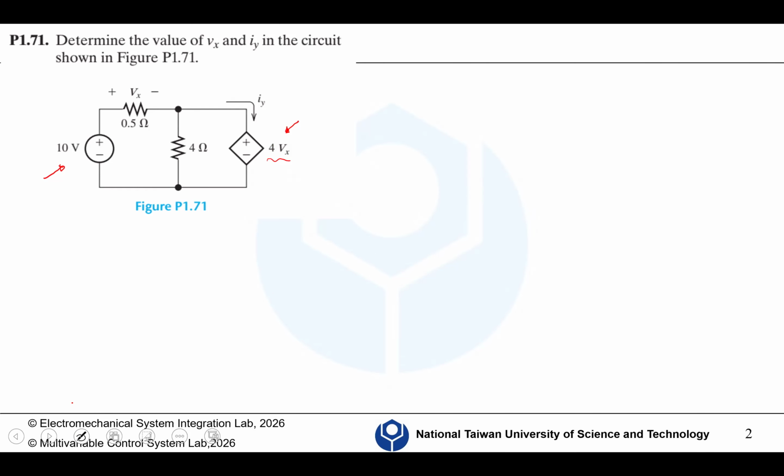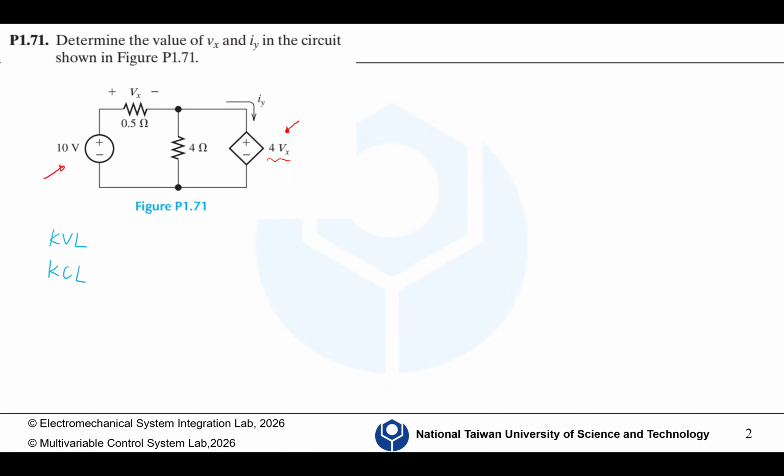Please remember, so far we talked about KVL. It means in any loop in a circuit, the summation of voltage is zero. And we talked about KCL. KCL means the net current of a node is zero.